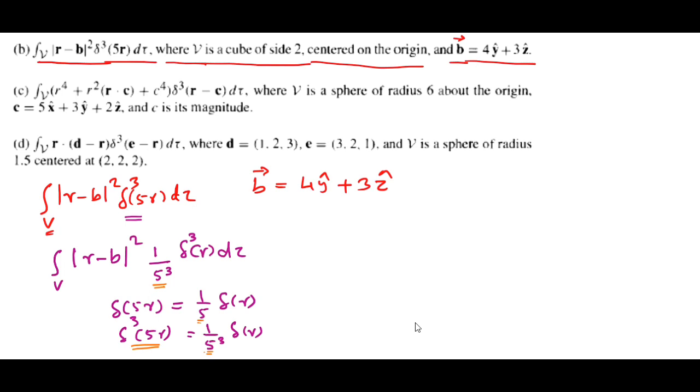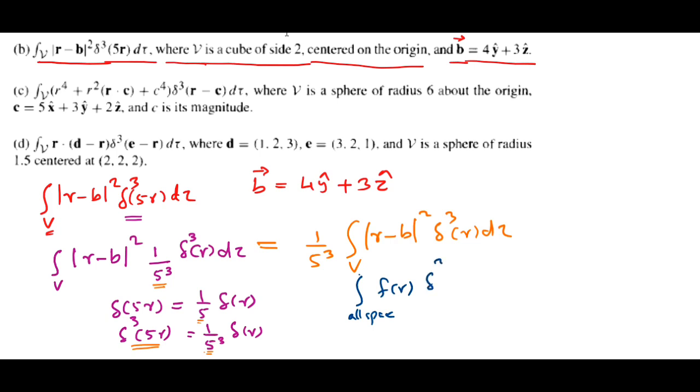And this can be written as 1 by 5 cube, volume integral of r minus b whole square delta cube r d tau. Now I can write the standard integral, that is all space f of r delta cube r minus a d tau is equal to f of a.